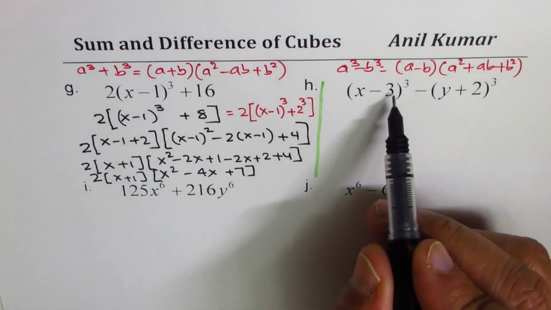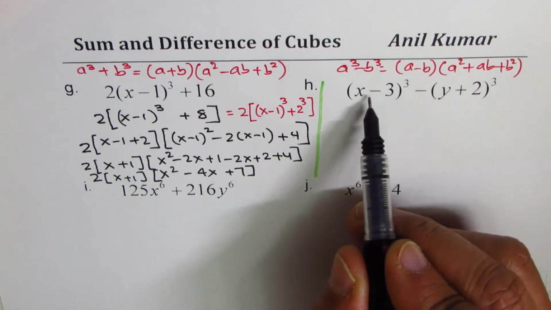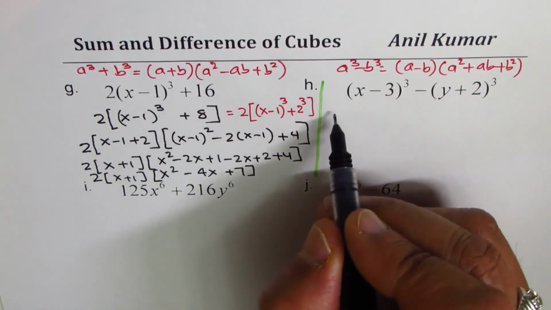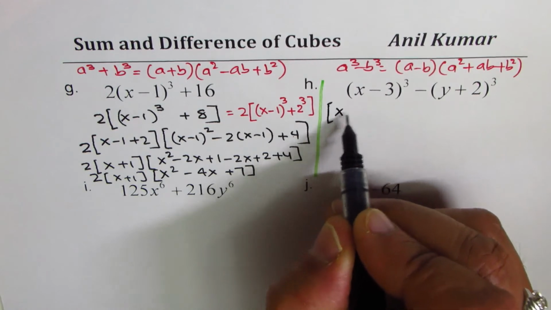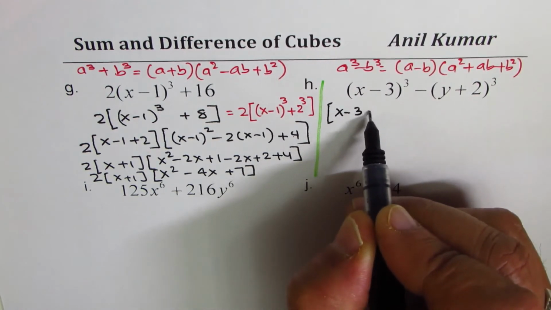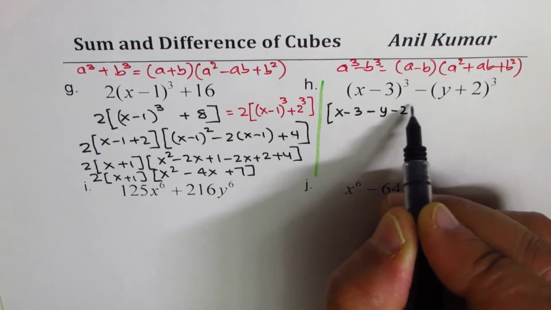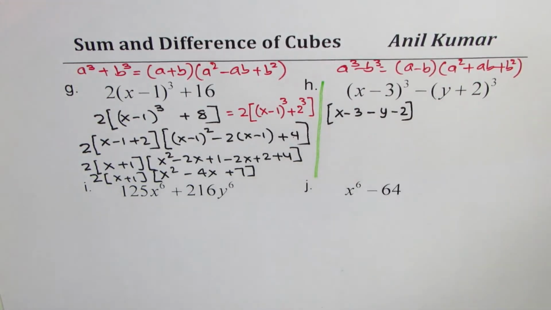which is a cube minus b cube. A is x minus 3 and b is y plus 2. So we could write this as, the first factor becomes x minus 3 minus this, we'll change the sign. Is it okay? Minus.